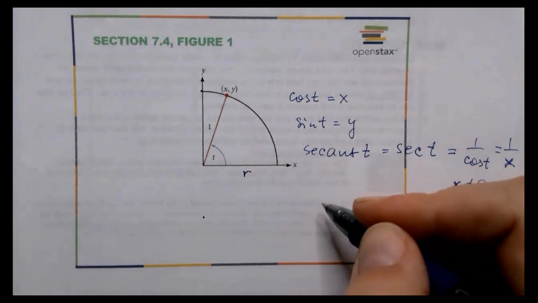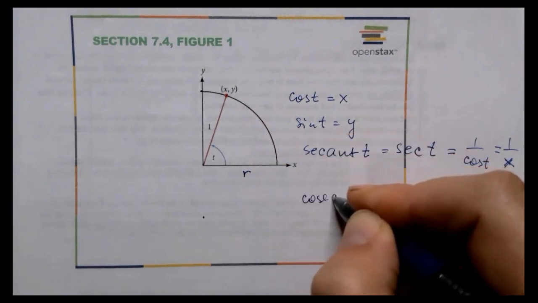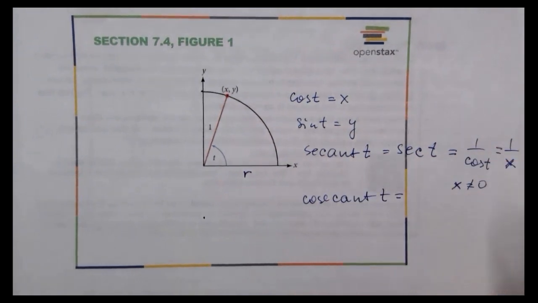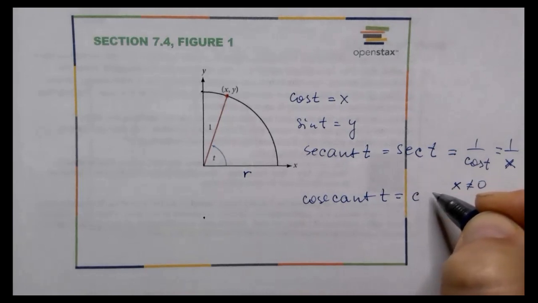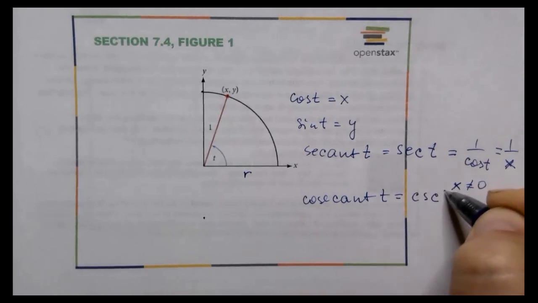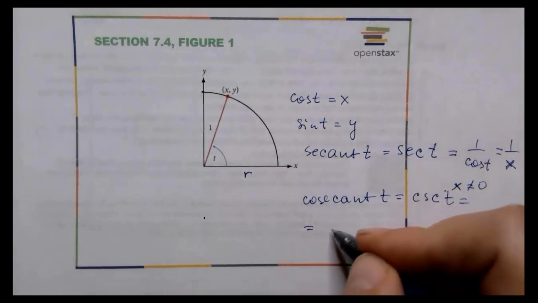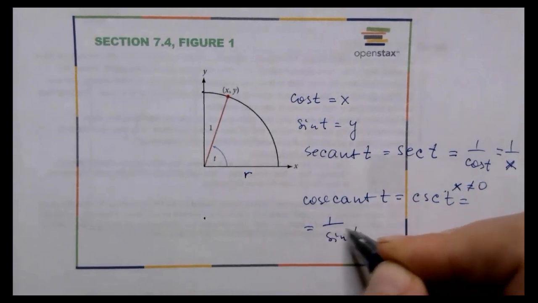Now let's talk about cosecant. Cosecant t is abbreviated CSC, and the definition is 1 divided by sine of t.